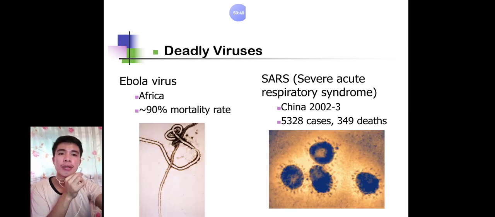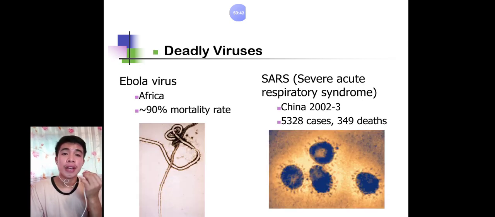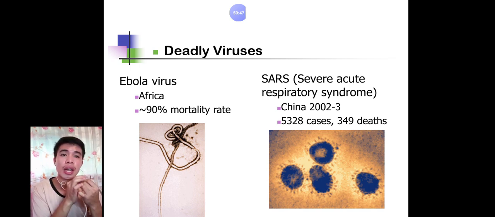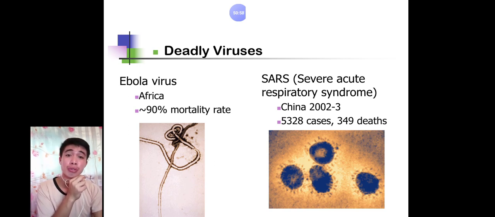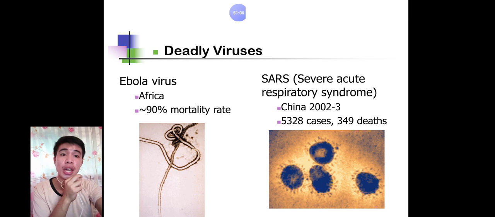Then Ebola virus in Africa, with a 90% mortality rate. SARS in China, 2002-2003, 5,328 cases and 349 deaths. So those are the deadly viruses, Ebola and SARS. I think you are familiar with SARS and Ebola.